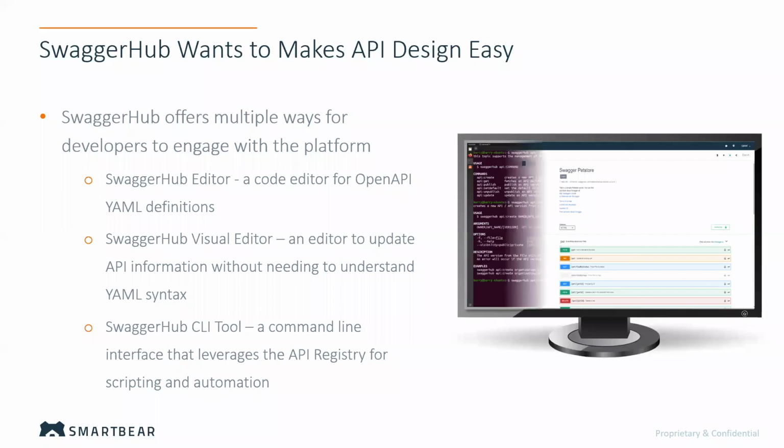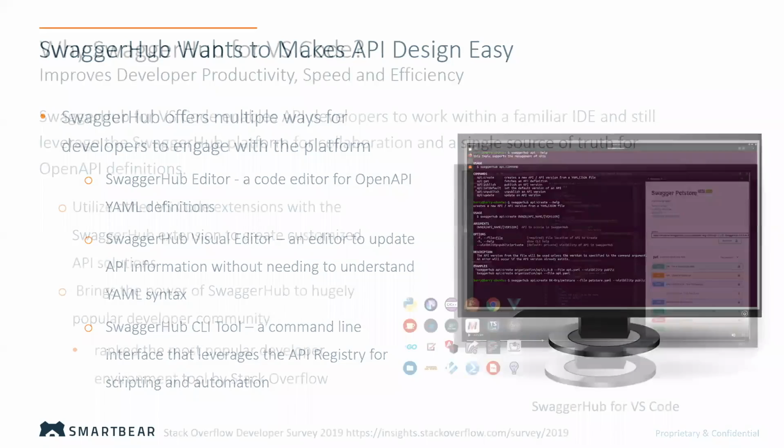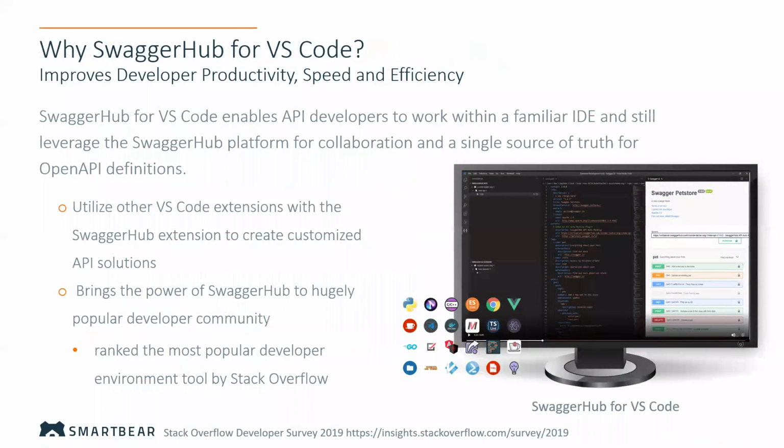And lastly, we just added over the summer a CLI tool, so you can edit and publish APIs directly from the command line to help with your API design workflows. And we're looking into another way to expand on this already rich ecosystem.